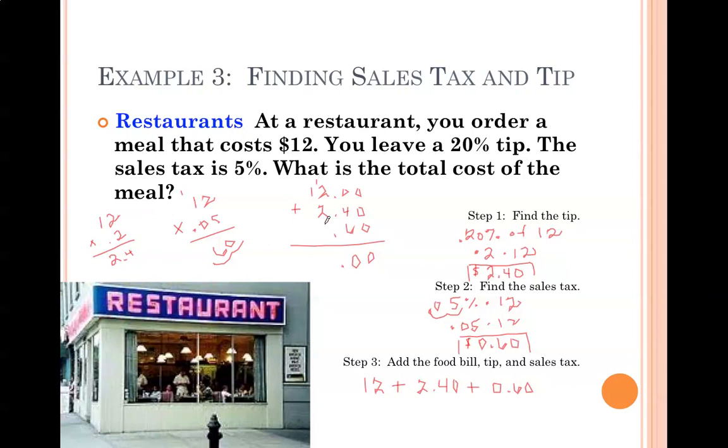Decimal comes down. 2 plus 2 is 4 plus 1 is 5. And bring down the 1. So my total bill cost is $15. So with how much the bill costs, the tip and the sales tax, it was $15.